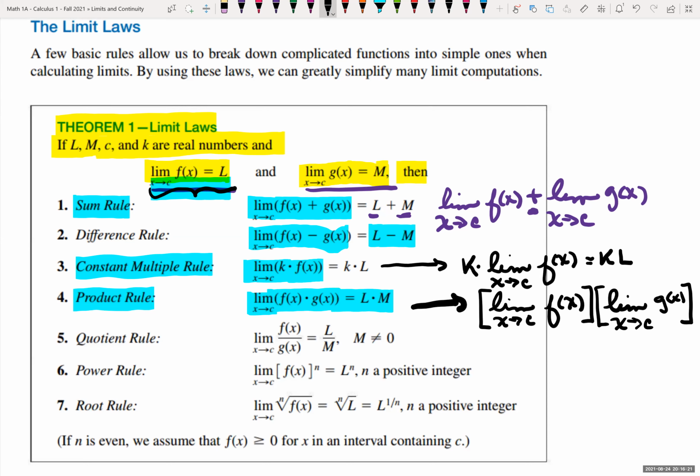Well, we saw the first one was equal to L when we took the limit, and the second one was equal to M when we took the limit.